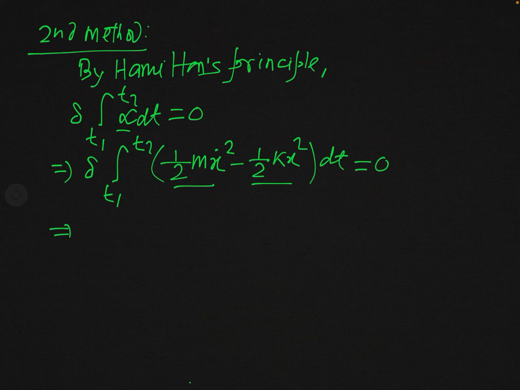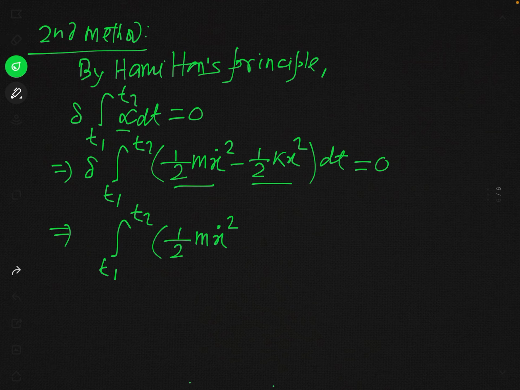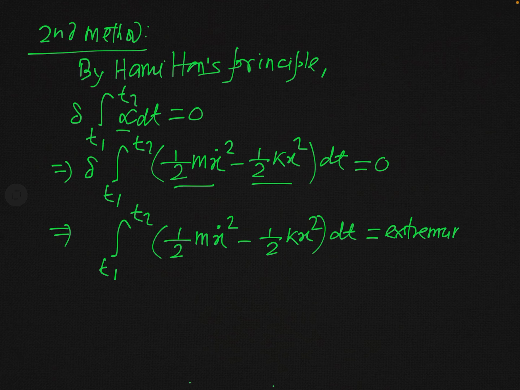So you can say that this result implies that the integral t1 to t2 of half m x dot square minus half kx square dt will be extremum according to Hamilton's variational principle.